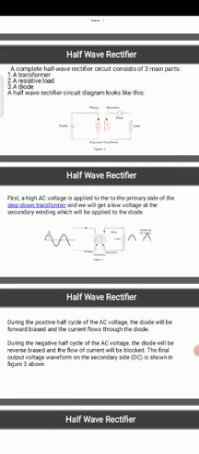The final output voltage waveform on the secondary side DC is shown in figure 3. See here, this is the total half wave rectifier circuit. Only one diode, one transformer and one resistive load are connected. During the positive half cycle this diode acts in forward bias condition, and the diode always allows current only in forward bias.